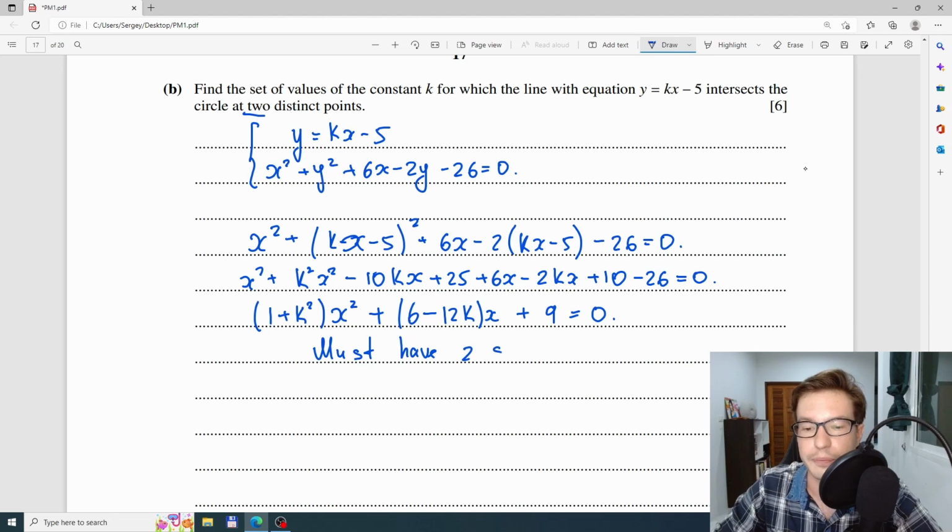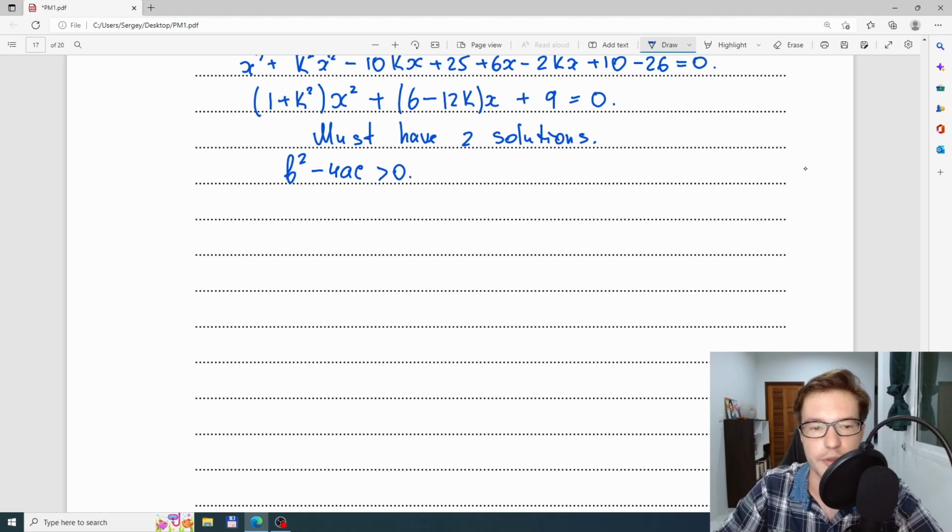Must have two solutions. So for the quadratic equation to have two solutions, we must get b squared minus 4ac bigger than 0. So b is the coefficient of x, so it's 6 minus 12k, a equals 1 plus k squared, and c equals 9.